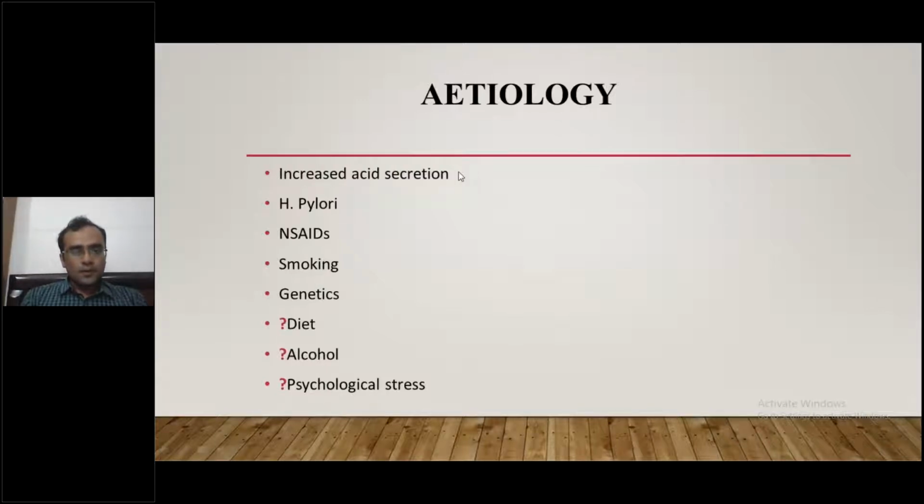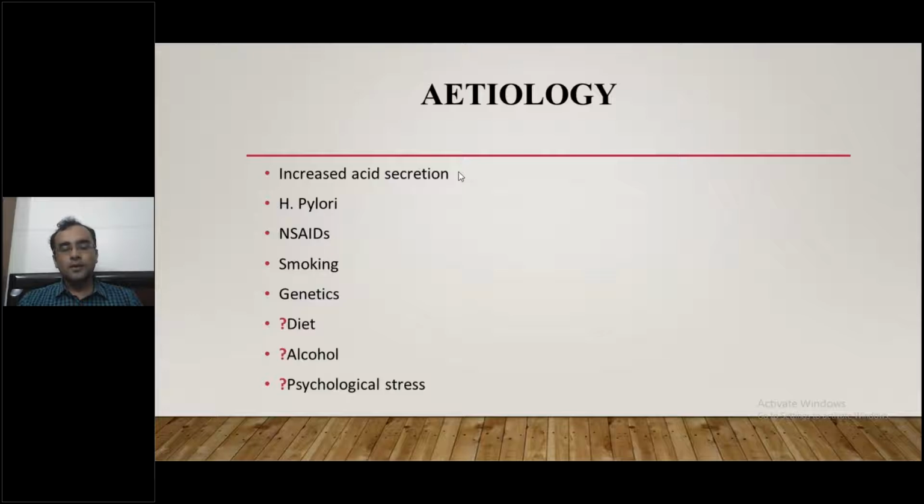You must also remember that these sites, that is the stomach as well as the duodenum, can have ulcers due to other reasons also. When the pathophysiology of an ulcer is due to increased acid secretion or due to an imbalance between the ulcerogenic factors and the protective factors, then we call it a peptic ulcer, because a malignant ulcer is also an ulcer, but we don't call it a peptic ulcer.